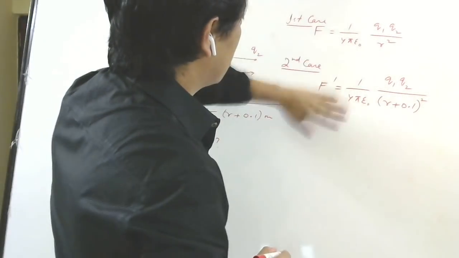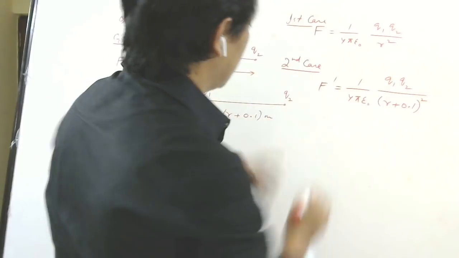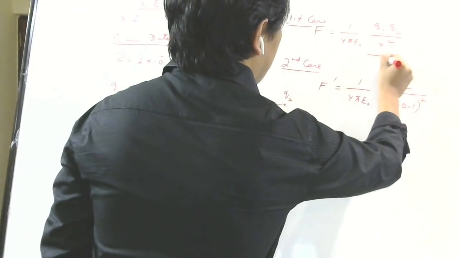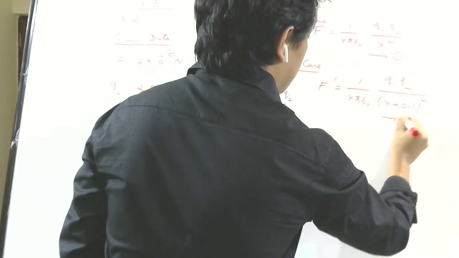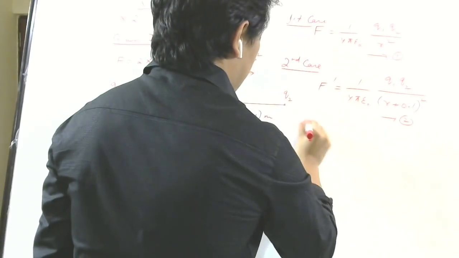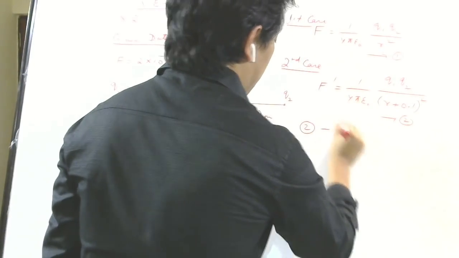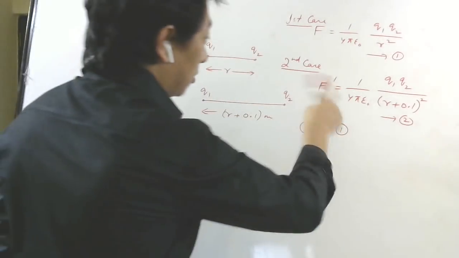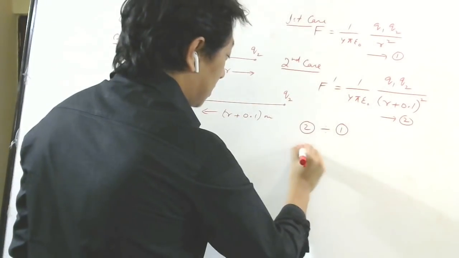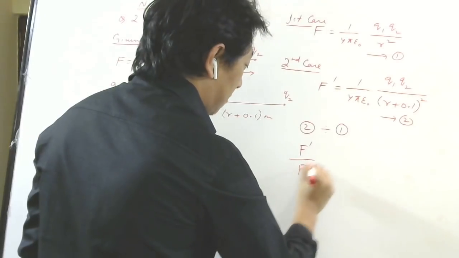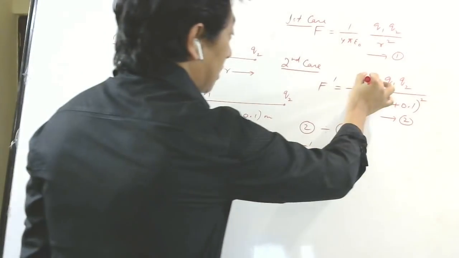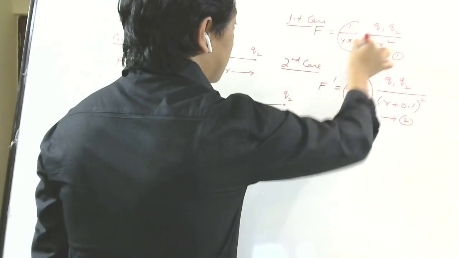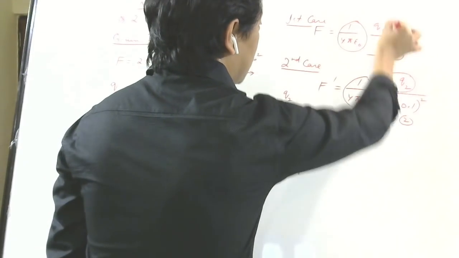Now, how do I solve this? Well, the best way is to divide them. If I call this equation 1 and this equation 2, then divide equation 2 by 1. On the left side, what will you get? F dash divided by F. On the right side, this will cancel with this, and this will cancel with this.